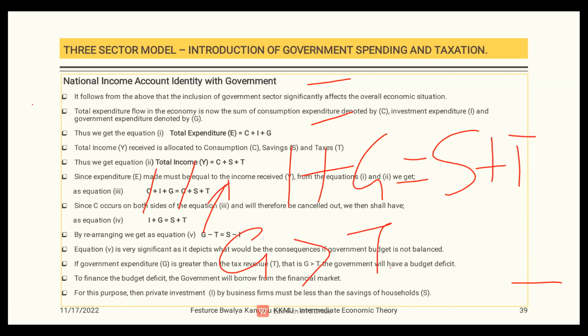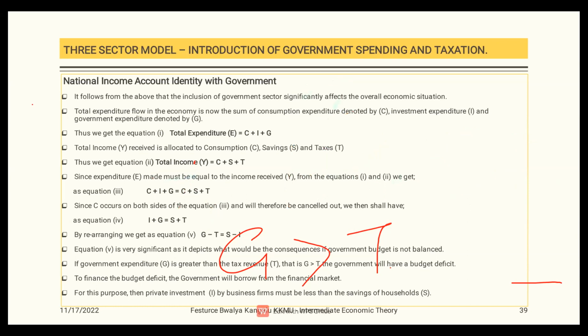When government spends more than what it makes, because we assume that the government makes money through taxes, right? So if the government expenditure is greater than taxes, then the government has a deficit. But if the government expenditure is less than taxes, then we have a surplus.